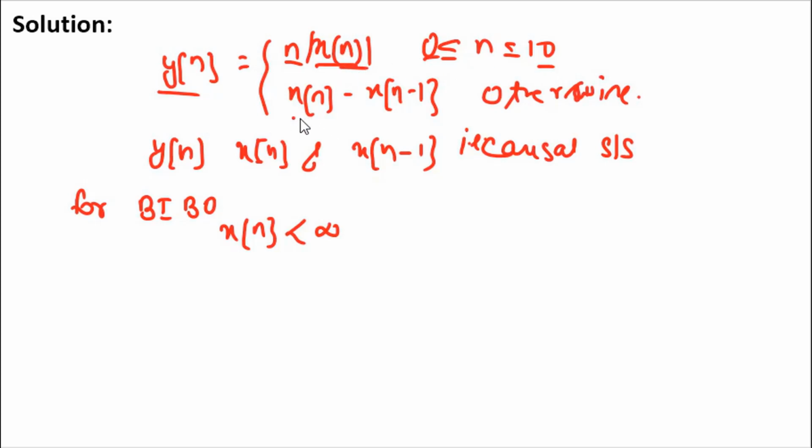Now in the second one, if you put x of n as bounded, then x of n minus 1 will also be bounded, so y of n will also be bounded. So this is an example of a stable system also.